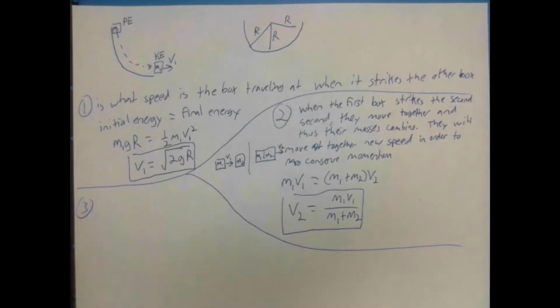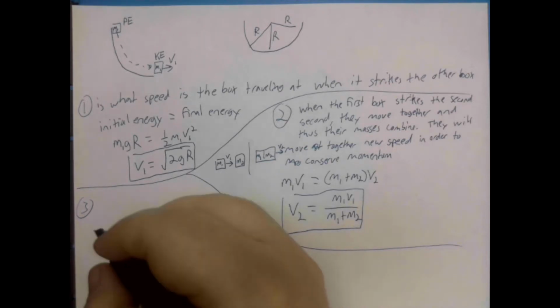Lastly, they're going to move together up the slope, converting the kinetic energy into potential energy.